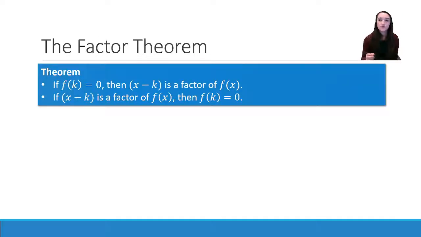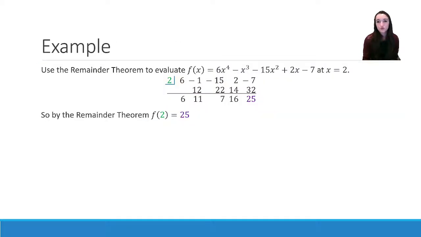Now, using the remainder theorem, we can move on to the factor theorem. So, if f of k equals 0, then x minus k is a factor of f of x. And vice versa, if x minus k is a factor of f of x, then f of k equals 0. So in other words, if I go through these steps, I do my synthetic division, I get 0 as my remainder, that means f of k equals 0, right?